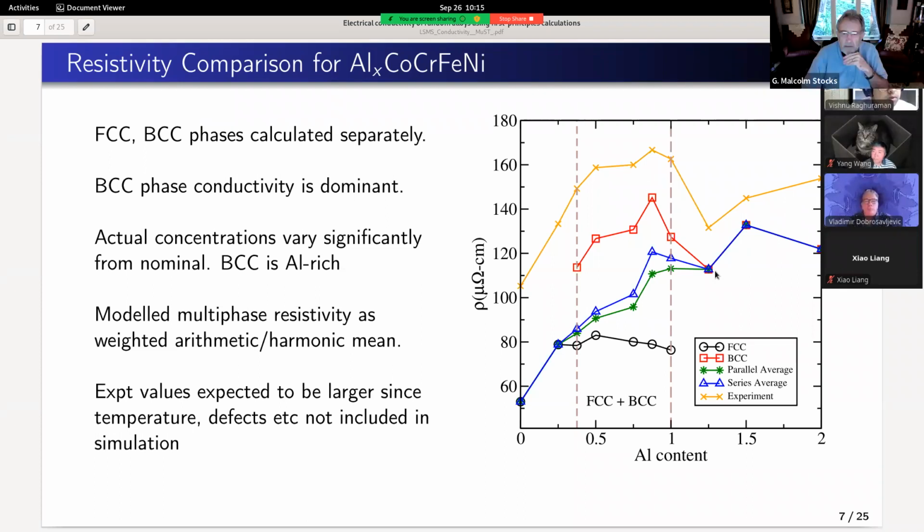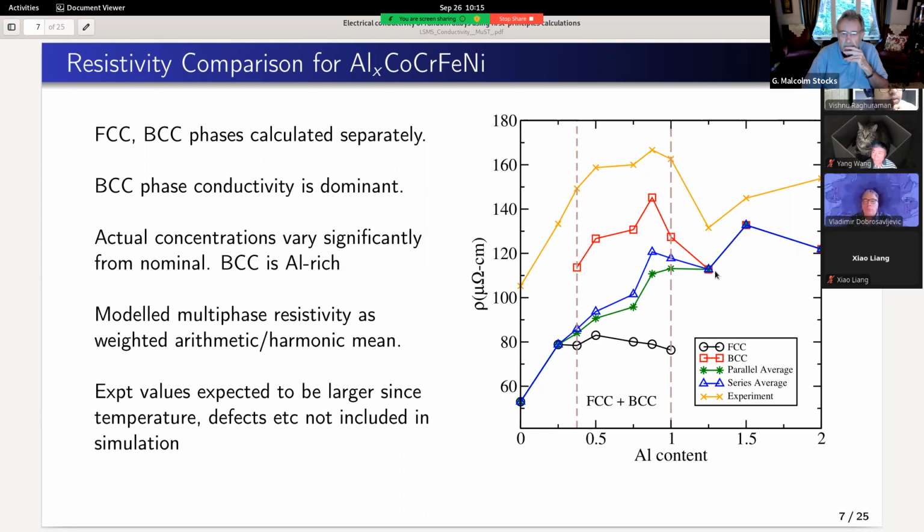Okay, because what I was thinking of, when you look at the FCC phase, I was surprised that the CPA apparently seems to mimic the experiment, when typically what we have found is that using these kinds of techniques you typically underestimate the zero temperature resistivity, and that can be quite large, right?